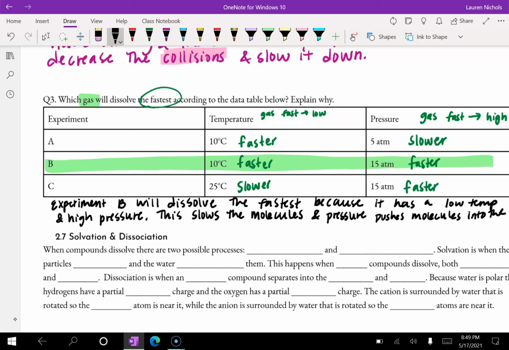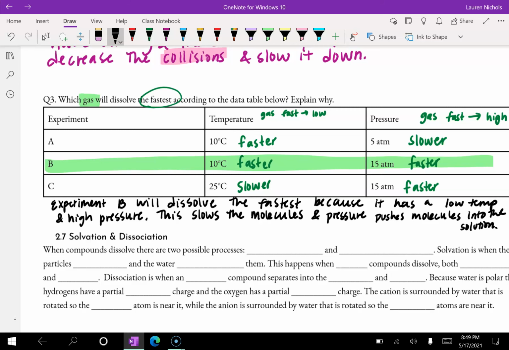It stays dissolved because it's basically like pushing it into the liquid, making it stay. This is why you can have a can of Coke, and as long as you don't pop the can and hear the psh, then it will stay bubbly forever. But as soon as you open it, the pressure goes down and the gas will start to escape.